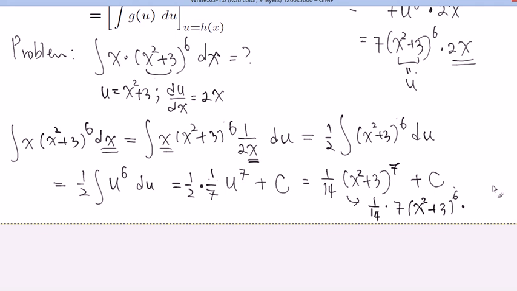What is that? 2x. Now 2 and 7 together cancel with the 14. Is that right? Then x times x squared plus 3 raised to the 6th power. That's exactly that. So what you got here is just to be verified to be an antiderivative of this one independently.